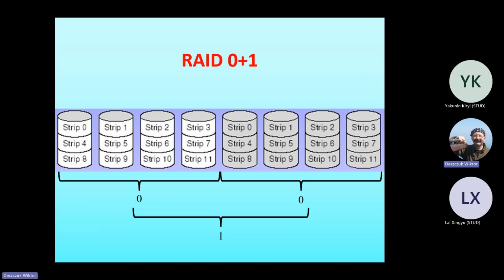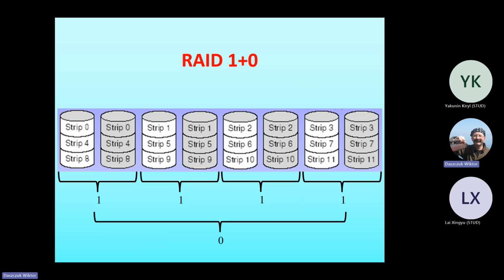RAID 0 plus 1 is that we first disseminate stripes to several disks. Then we organize 2 farms of disks, and we arrange a mirror of one farm on the second farm. 1 plus 0 is reverse. We first duplicate every disk, then we arrange a farm of such duplicated disks.